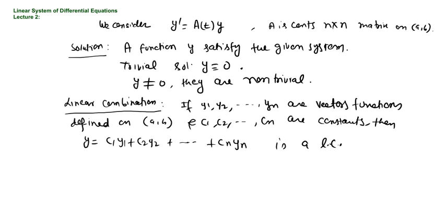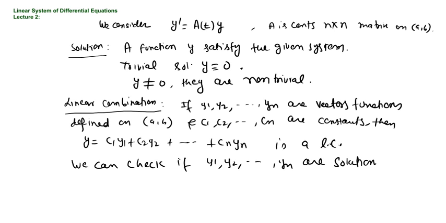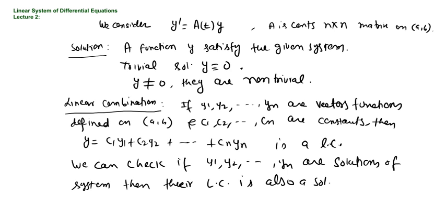We can check easily, like in ODE, that if y1, y2, up to yn are solutions of the system, then their linear combination is also a solution for the homogeneous equation.